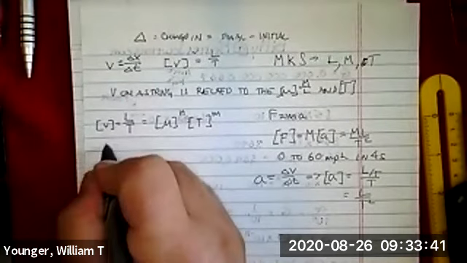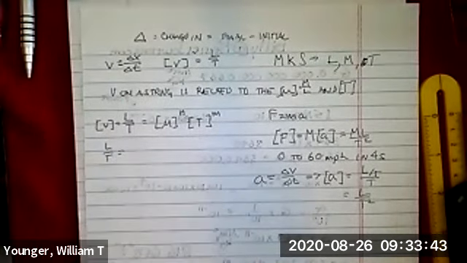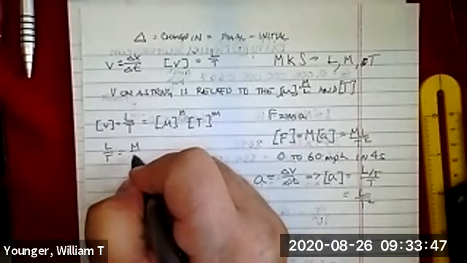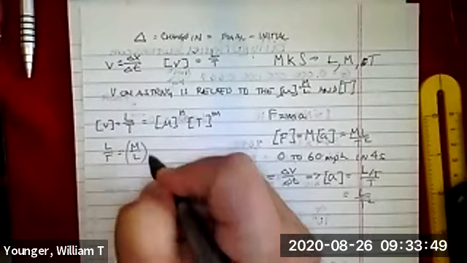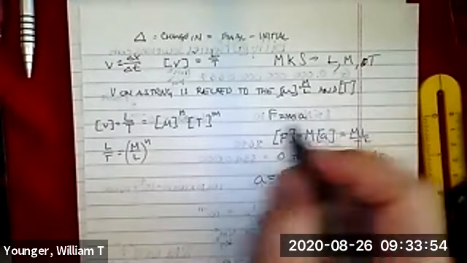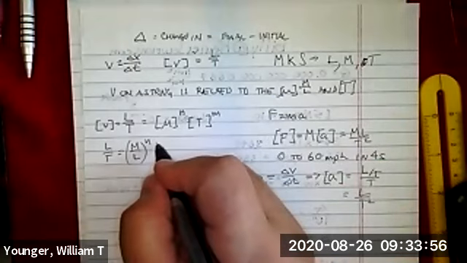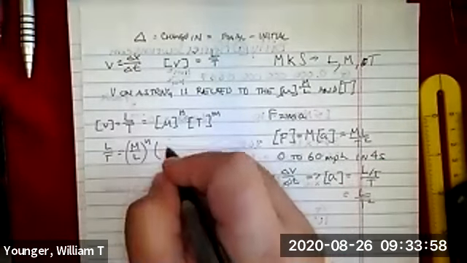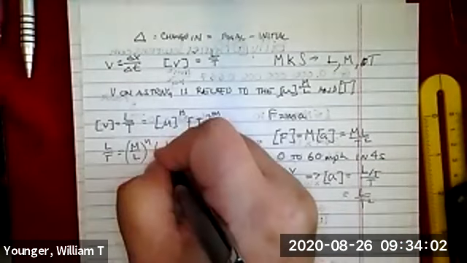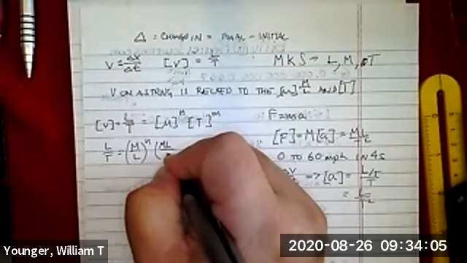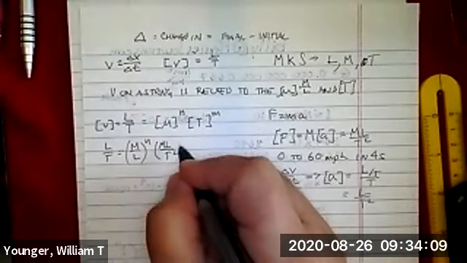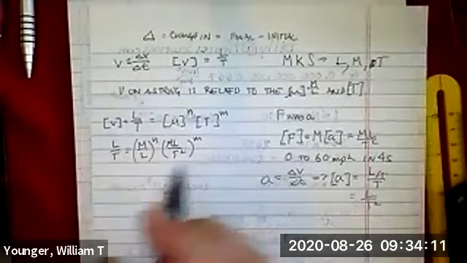So now I have L over T for the velocity is equal to M over L raised to the n power times the tension raised to the m power. And the tension, of course, is a force, so that's mass times length per time squared, and that's going to be raised to the lowercase m power.